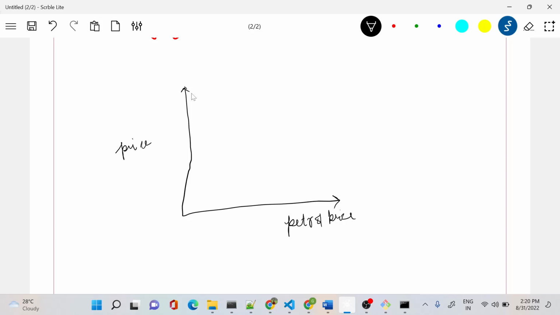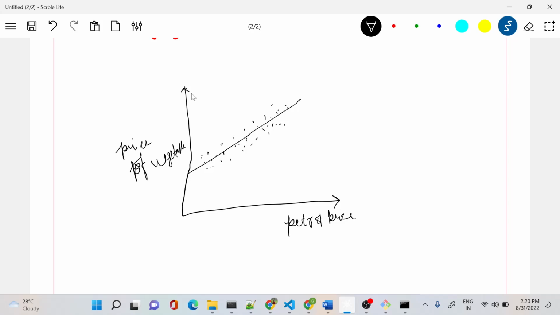I'm not going to write average price, so you can understand it as price of vegetables. We got a straight line, and the data points that were near it were something like this. So this line tries to fit as many data points as it can.